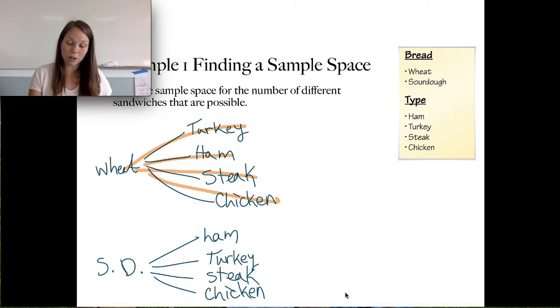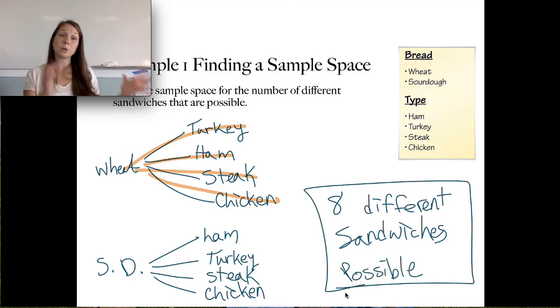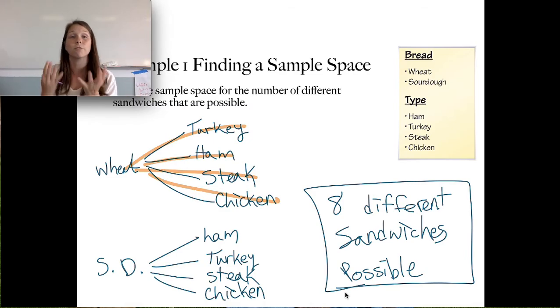So that's a total of 8 different sandwiches possible. So this is how you could use a tree diagram to help give you a visual of the different types of sandwiches you can make.